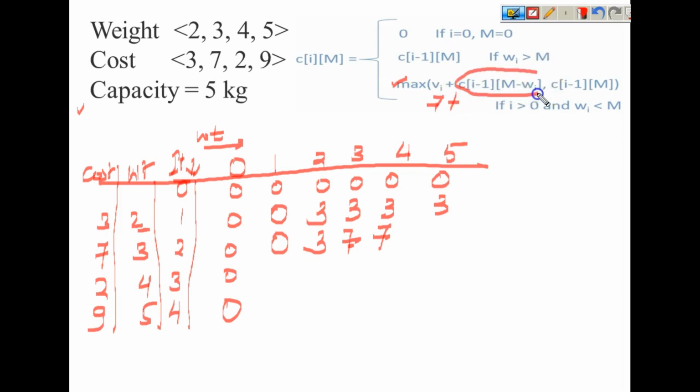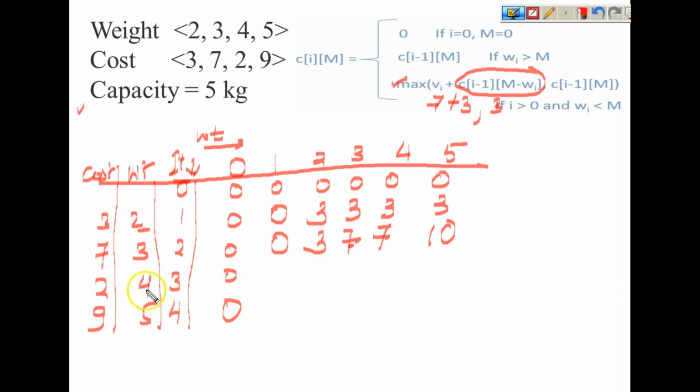It means the value for the remaining weight: this is 5, the weight is 3, remaining weight is 2, so you go to the weight 2 in the previous row, this is 3, so we'll write here 3, comma, and the previous value, this is 3, so we'll take the maximum of these, that is 10. I hope now you understood how to make use of this formula to fill this cell's value.